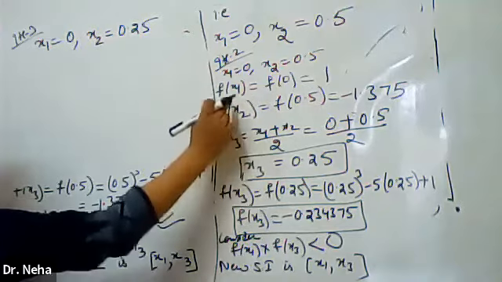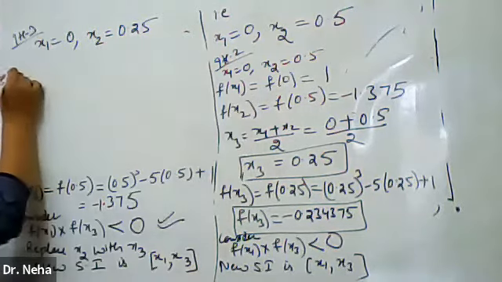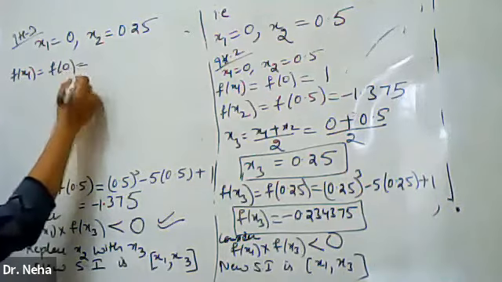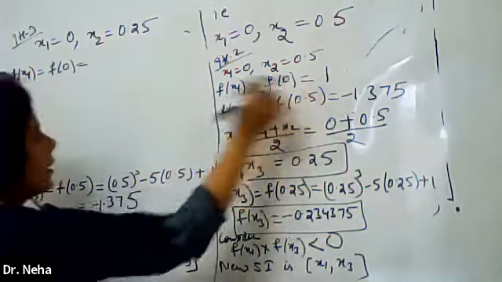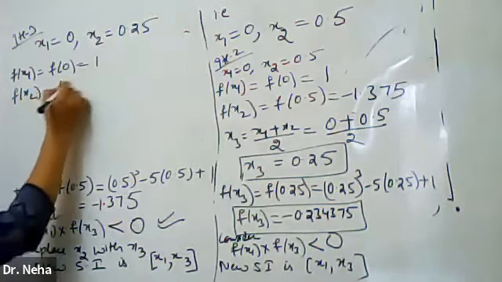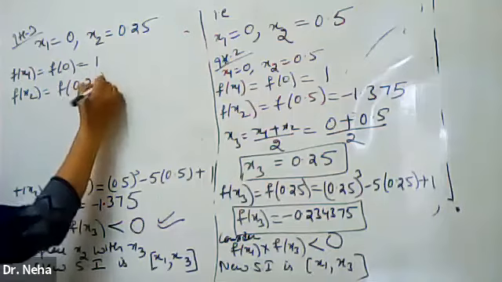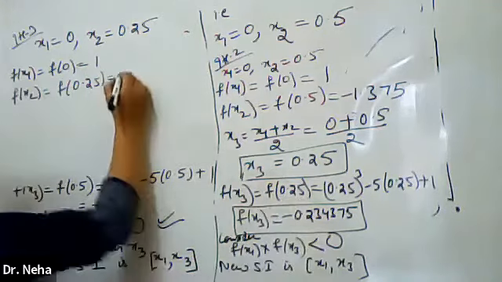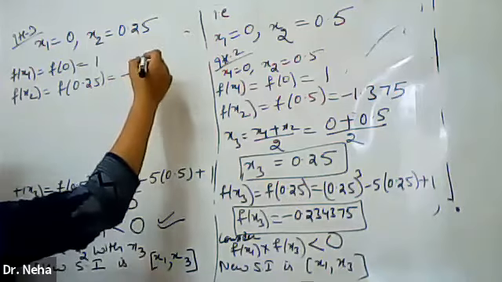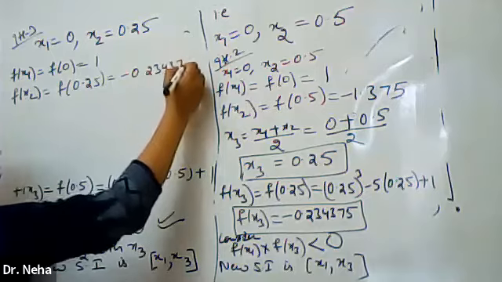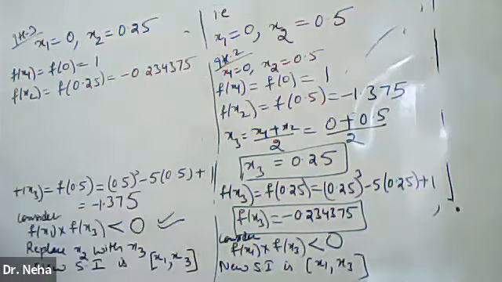Same working rule. You can write down f(x1) again. That means f of 0. No need to find again. You had already written 1. f(x2), f of 0.25. We already know this value here. f of 0.25 is minus 0.234375. Clear?